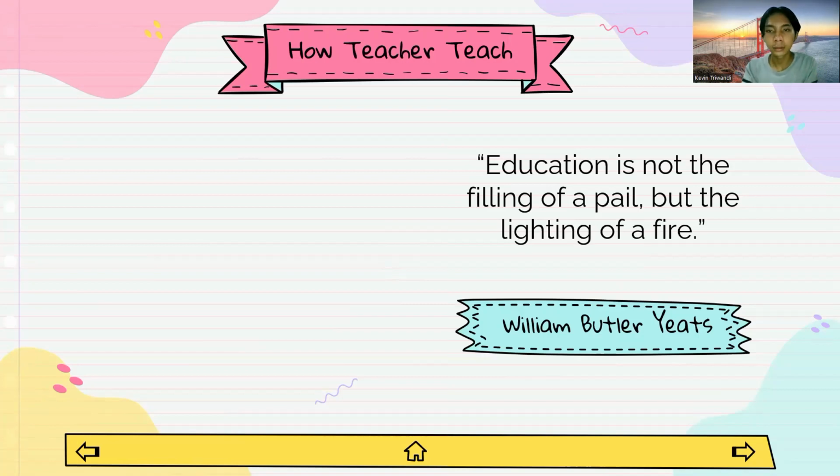So before that, I will tell all of you guys about a quote from William Butler. The quote says that education is not the filling of a pail, but the lighting of a fire.